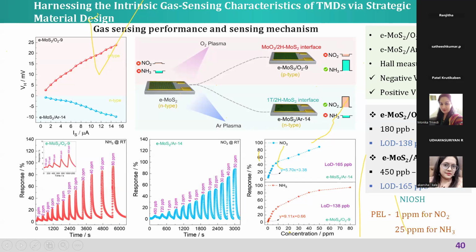This is the important thing. Essentially, we are taking 30 layers of MoS2, and a few layers are converted into MoO3 in one case and 1T MoS2 in the other. By changing those few layers at the boundaries, we can vary how the gas interaction changes.